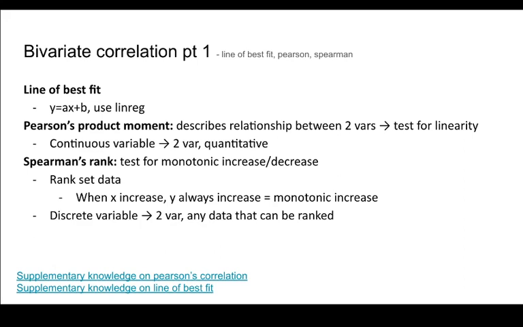Meanwhile, Spearman's rank tells you the monotonicity of the data. So basically, Spearman's is like Pearson's. However, when you're doing Spearman's, you're going to rank the data first in order. And keep in mind that if there's data that ties together, you're going to have to add the first and the next rank and then divide them by 2.